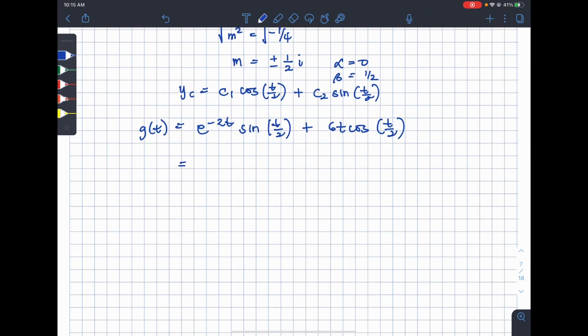So for our y of p, we'll start with the first one. Since it's sine, I'll start with cosine t over 2. The other one, its counterpart, is sine t over 2.